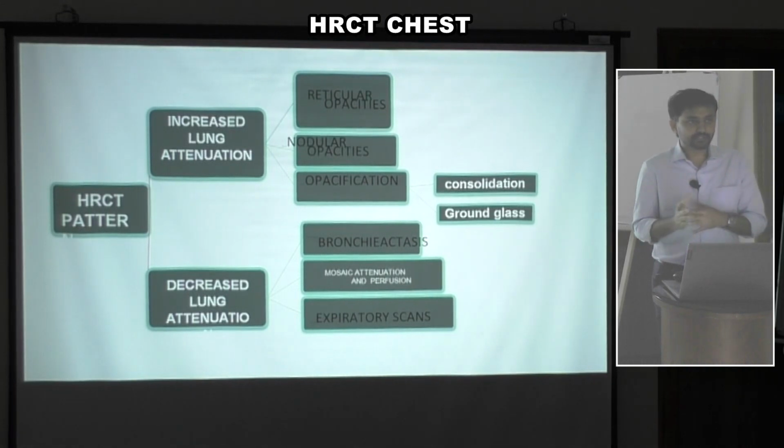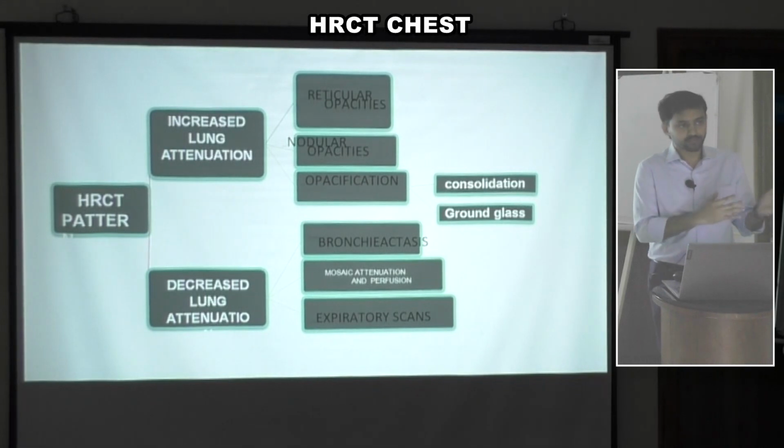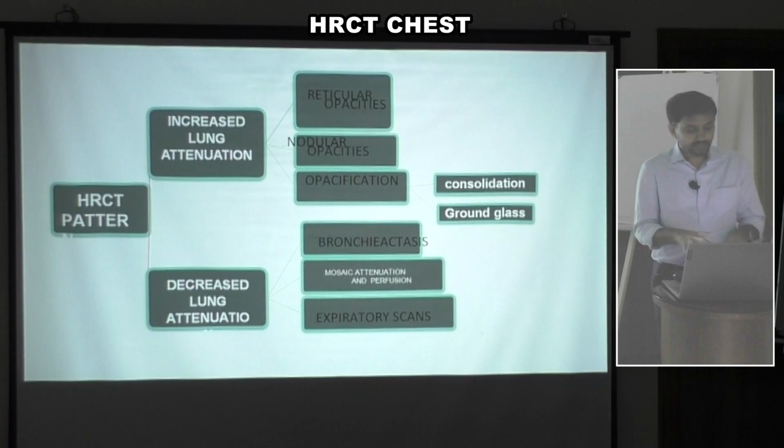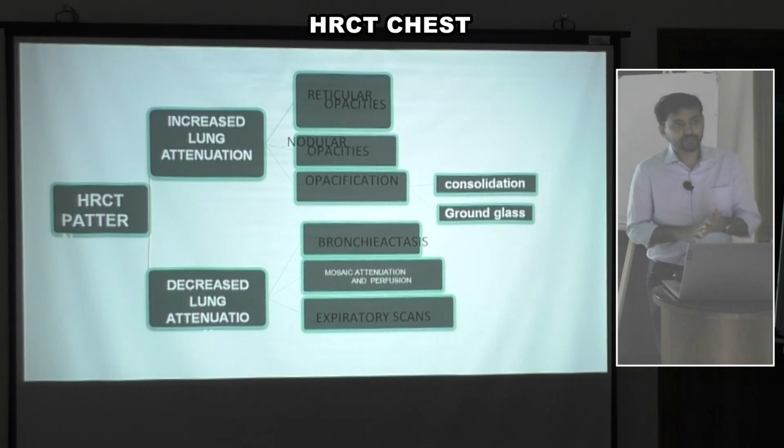In increased attenuation there are again some patterns, like reticular opacities, nodular opacities, and homogeneous opacities, which again divide into ground glass opacities and consolidation patches. Decreased lung attenuation includes bronchiectasis, air trapping, and mosaic attenuation and perfusion. So these are the overall disease patterns, and I will show them, and some common disease conditions which can show these patterns.